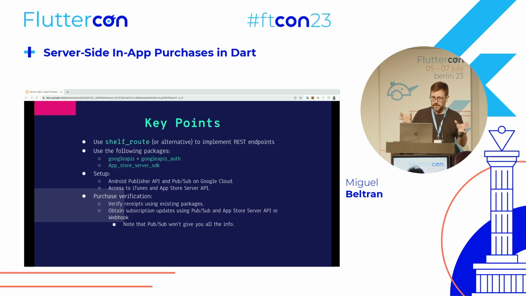For purchase verification, two steps: verify the receipts using the information from the existing packages, and obtain subscription updates using PubSub and also the App Store Server API. Also, try to implement this webhook. And note again that PubSub is not providing you all the info. You still need to call to verify the receipt with the information you get from PubSub.